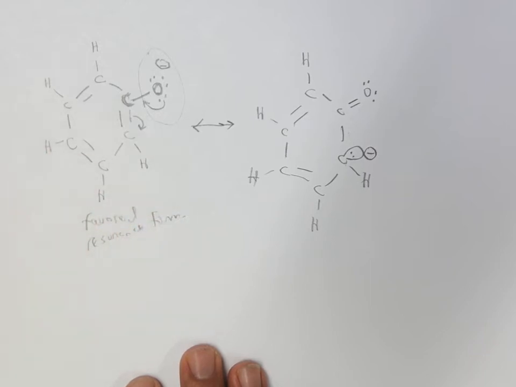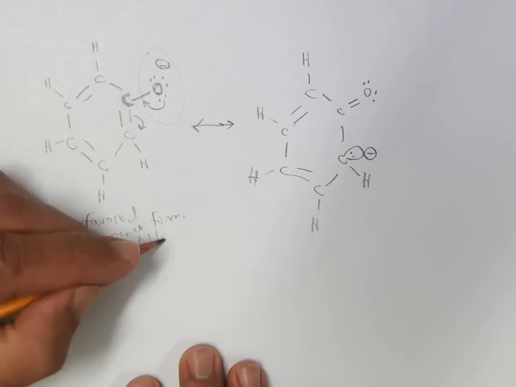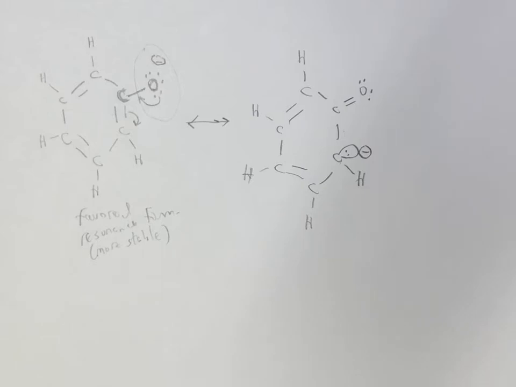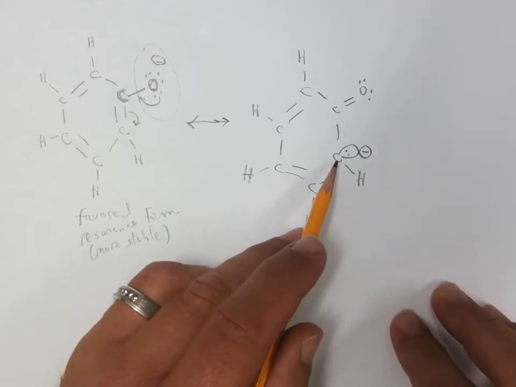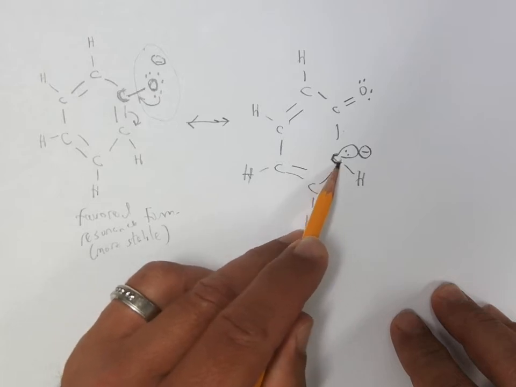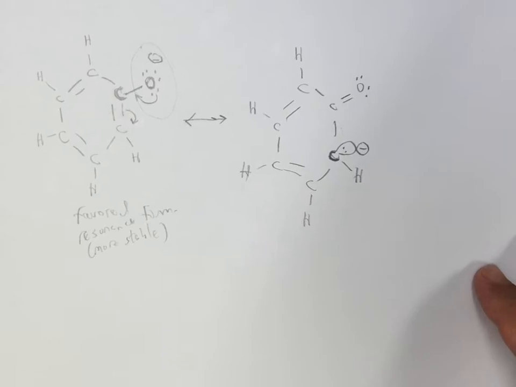It's going to be more stable, and is probably going to be, on average, the better representation of the molecule if you had to choose one structure. But moving some of the electron density onto the carbon is also reasonably favorable. So it's enough to consider this resonance form as a contributor to our understanding of the overall structure.